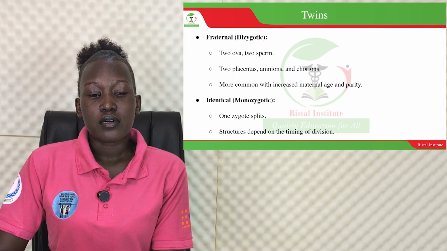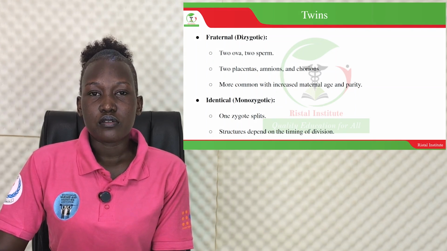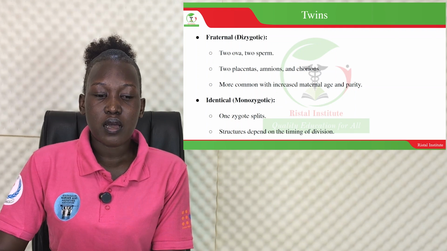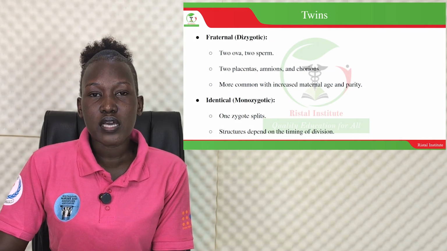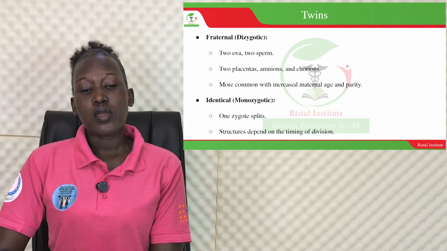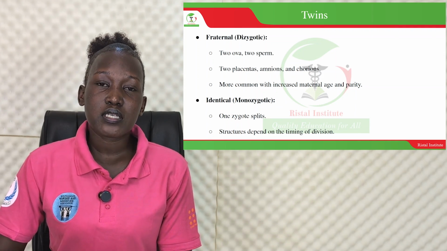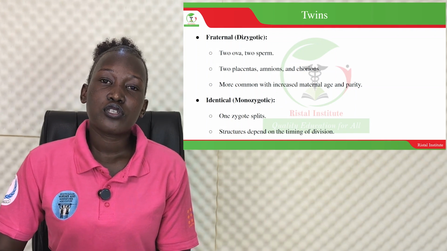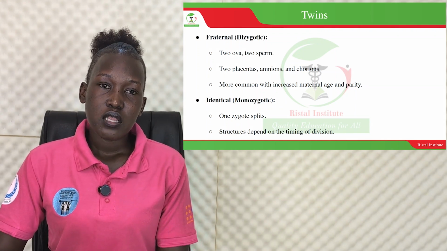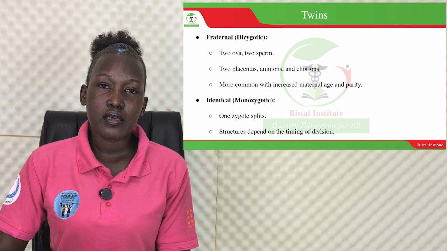Then now we have these issues of twins and all those things. How does it come about? One of which we have fraternal or dizygotic. This is where we have 2 ova and 2 sperms meeting. That means at some point, especially for people who take those hormonal drugs for ovulation to take place, there might be possibility of you releasing more than 1 egg in a month.